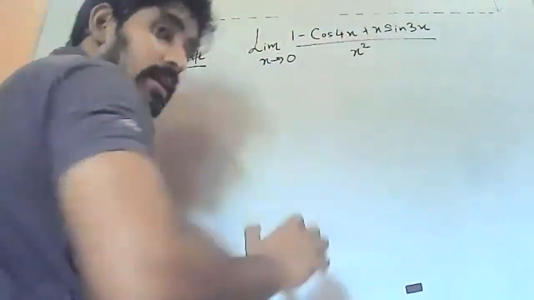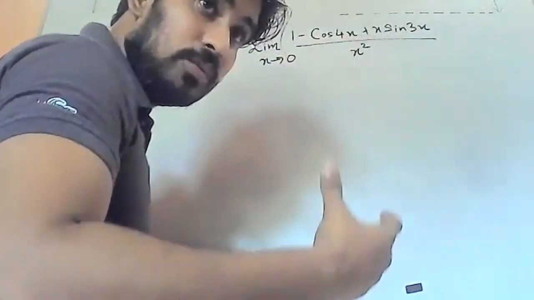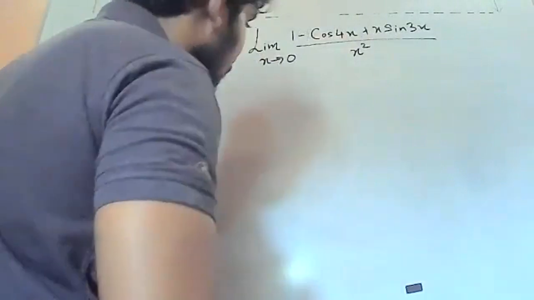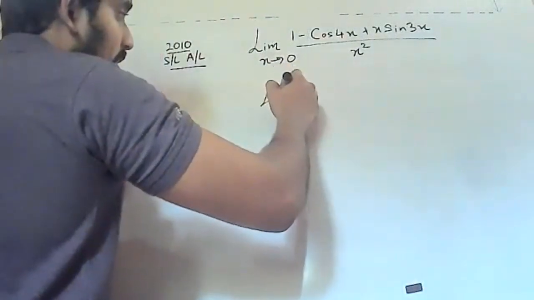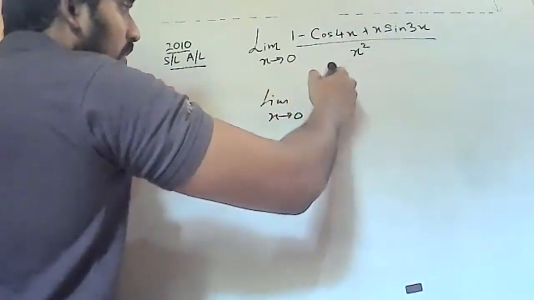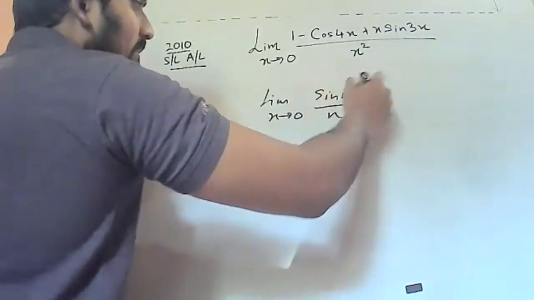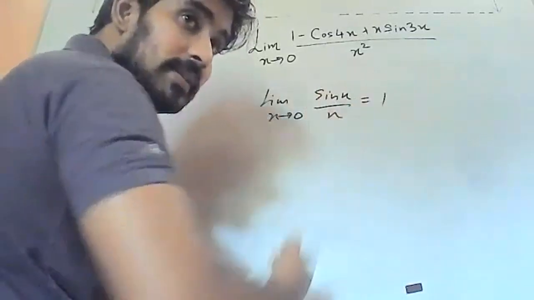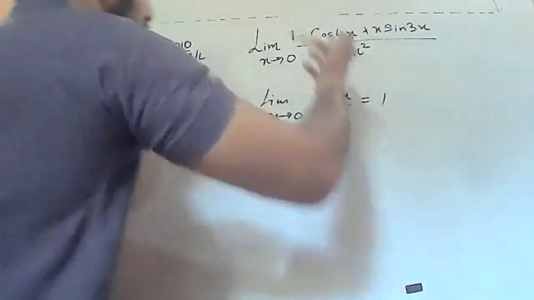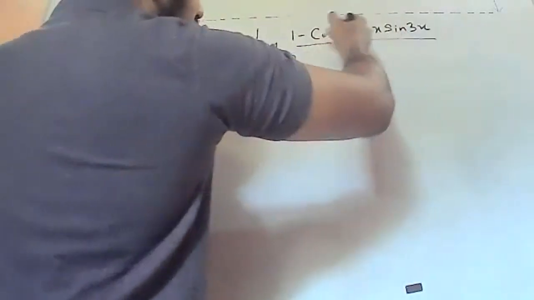Before solving this problem, there are certain rules or formulas that you will need. This is one formula that you will need: limit x tends to 0, sin x divided by x equals 1. You will need this formula because after just looking at this problem, you will see there are sin terms and cos terms.